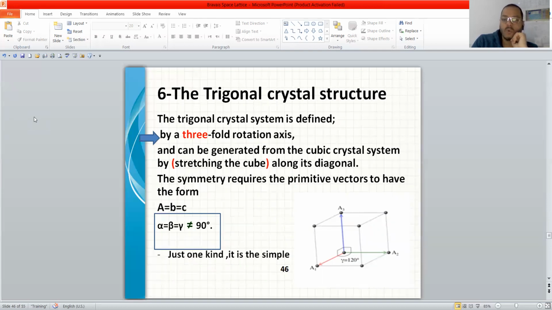The symmetry requires the primitive vectors to have the form A, B, C. Here we come back again. All these vectors are equal, and alpha equals beta equals gamma, but doesn't equal 90 degrees anymore. But all of them are equal. Just one kind, the simple.